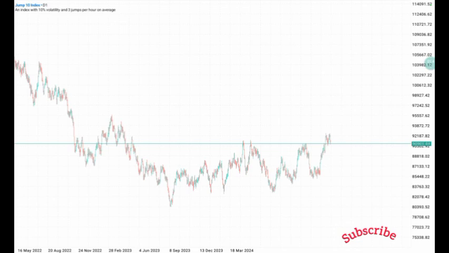That is to tell you that if you know price action from currencies, from stocks, from whatever, you should be able to apply it here, and it works perfectly well. So for those of you who don't know about Deriv synthetic indices, they are beautiful. You can check them out.